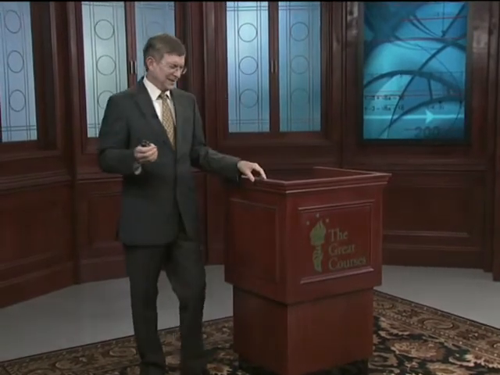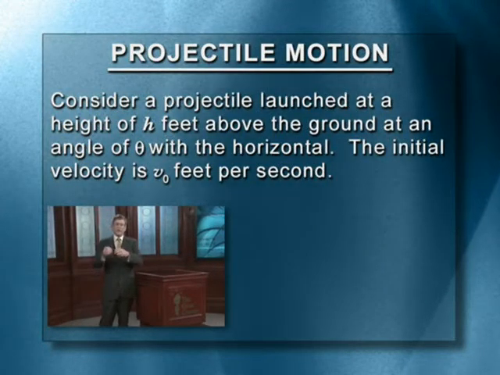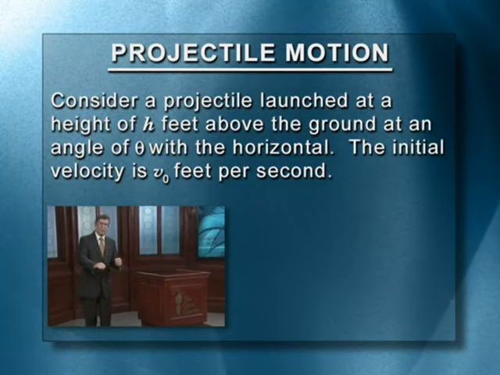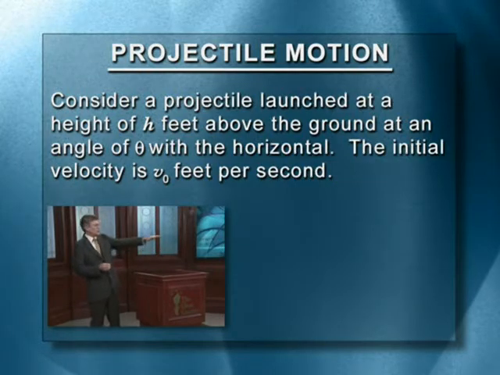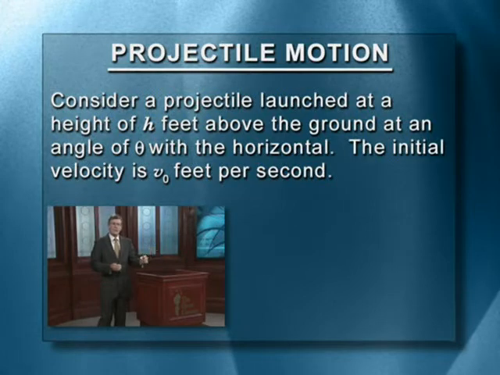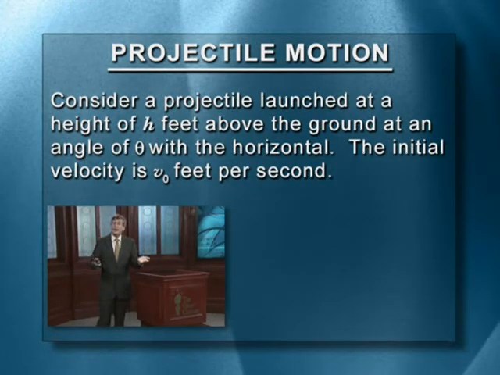Projectile motion. If you take a physics course, you'll learn about how particles can move in space. Here's the setup that we'll talk about. Suppose you have a projectile launched at a height h above the ground, at an angle of theta with the horizontal, so there's a certain angle of inclination, and it has a certain initial velocity, which we'll call v sub 0.